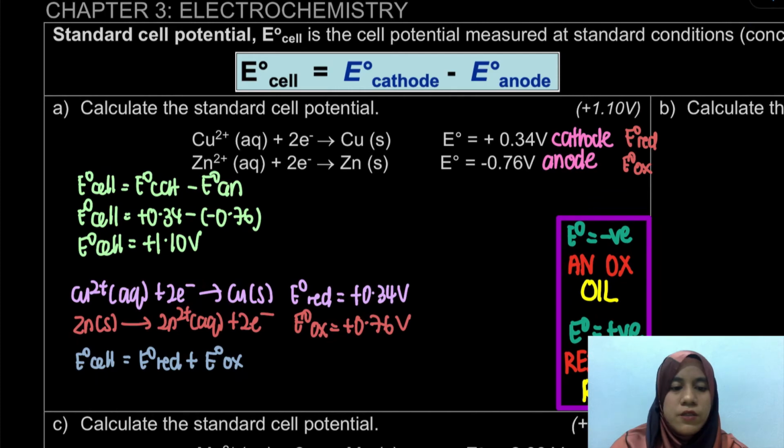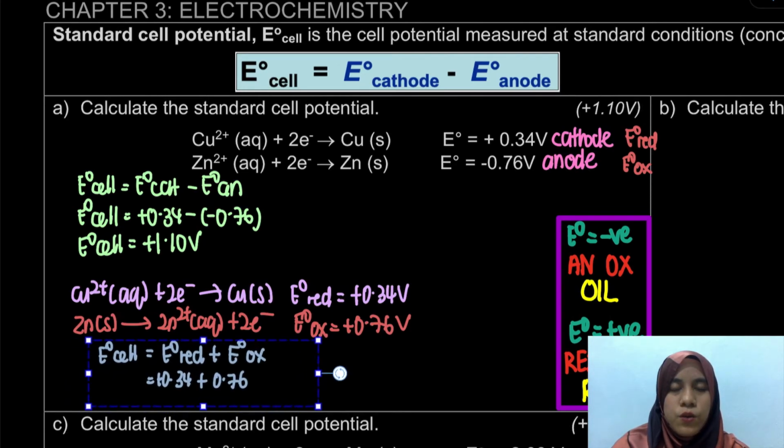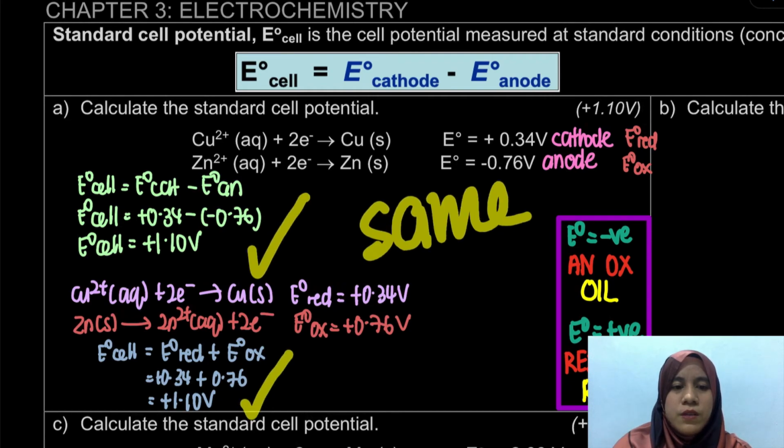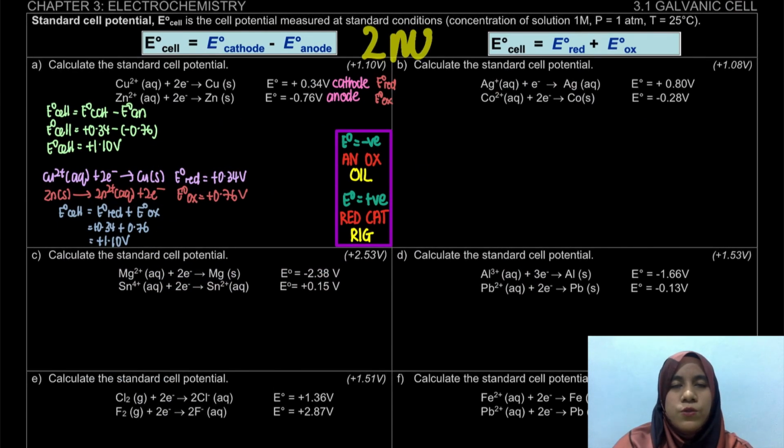You cannot take straight away from the E° value. When you add in all the values, you will get the same answer, which is positive 1.10 volt. This one has more steps than the first one, so choose which one you're comfortable with.